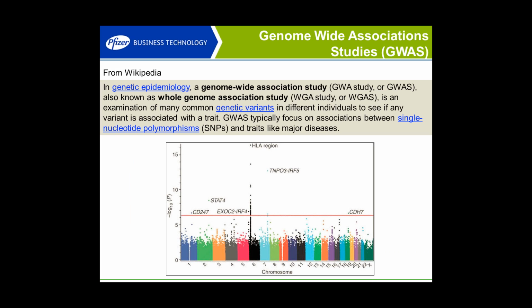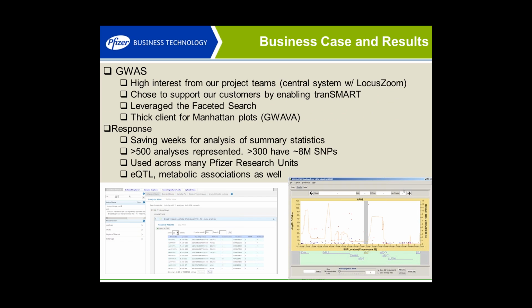Typically these are single nucleotide polymorphisms, but that p-value is going to be on the y-axis. And in this case, you can see in chromosome 6, there looks like a region that has some substantial significance for particular SNPs for whatever cohorts were used in this experiment.